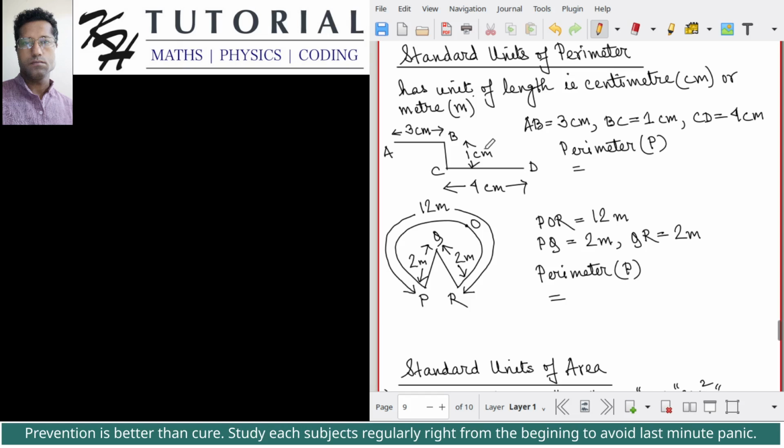It will be the length of the boundary. What is the boundary of this figure? The line segments AB, BC and CD form the boundary.